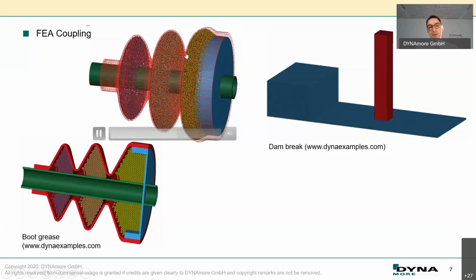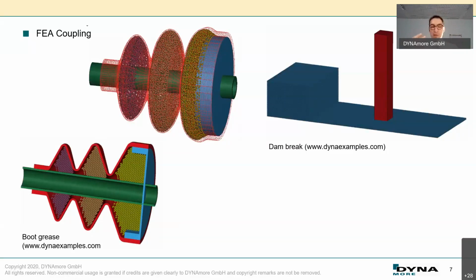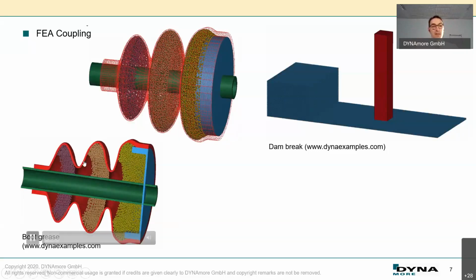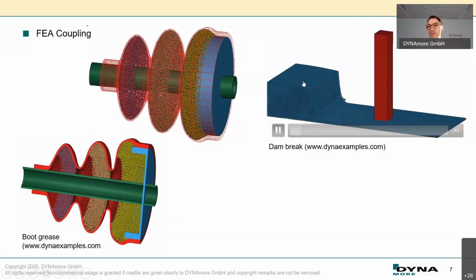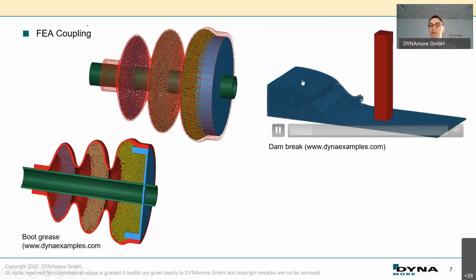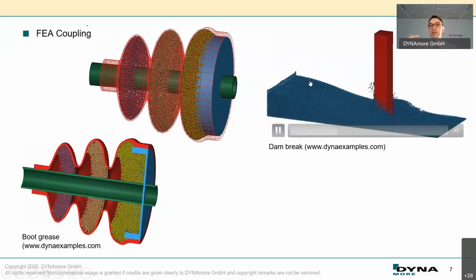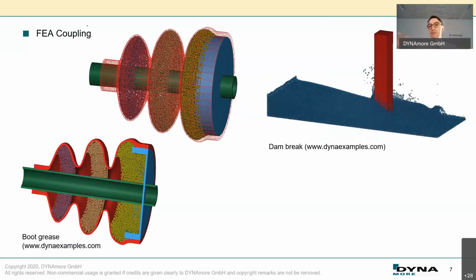It is rotating, and you can compute how the grease is distributing while rotating and whether there is enough lubrication at the location of the structure. You can also see how it interacts with the deformed structure, or here the free surface flow, which you actually get for free from the SPH method. If you want to do this with ICFD, you have to introduce level set functions and so on. It just requires some extra work.